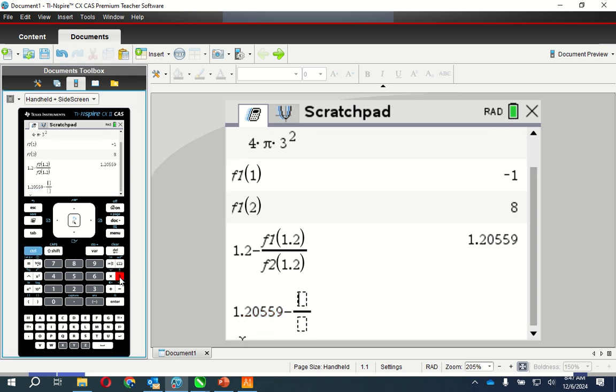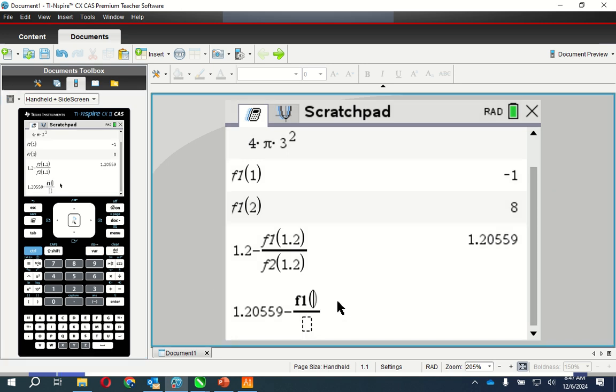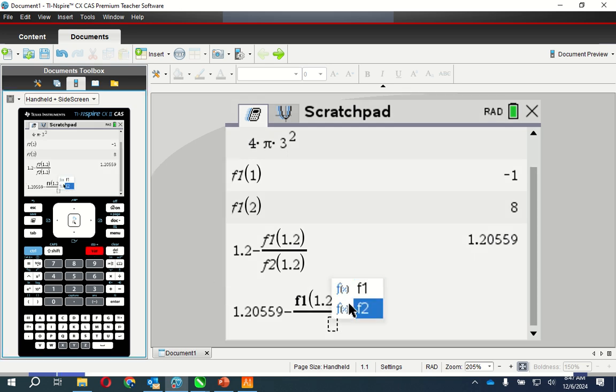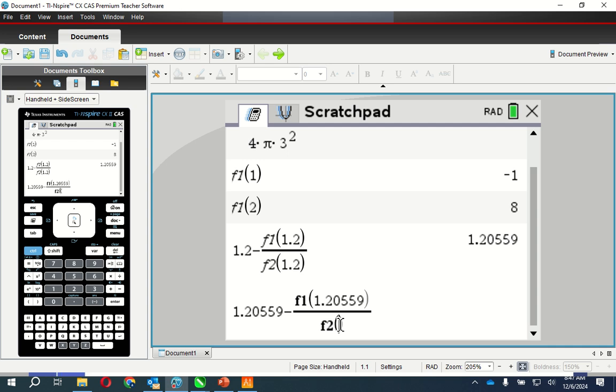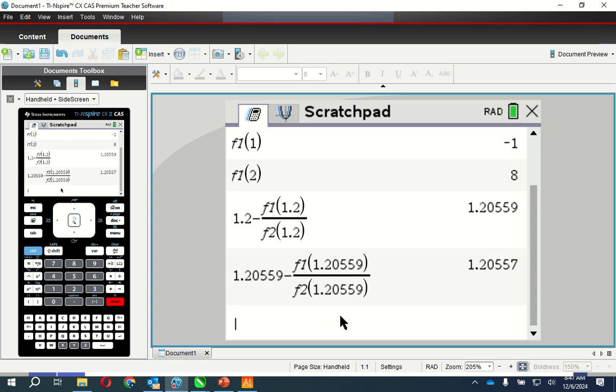Control, divide, f of that number divided by f prime of that number. So this one gives me the second iteration of this.